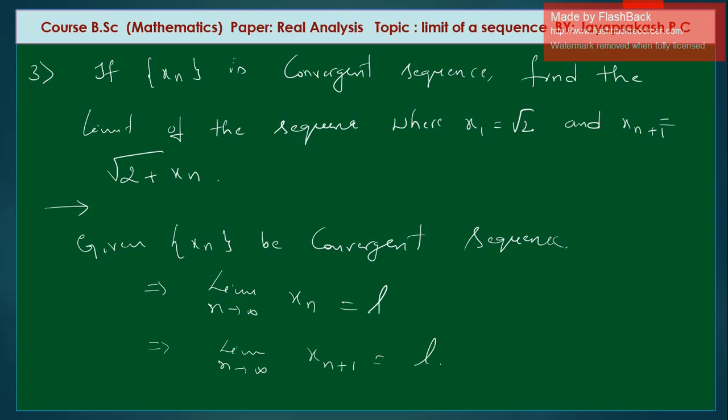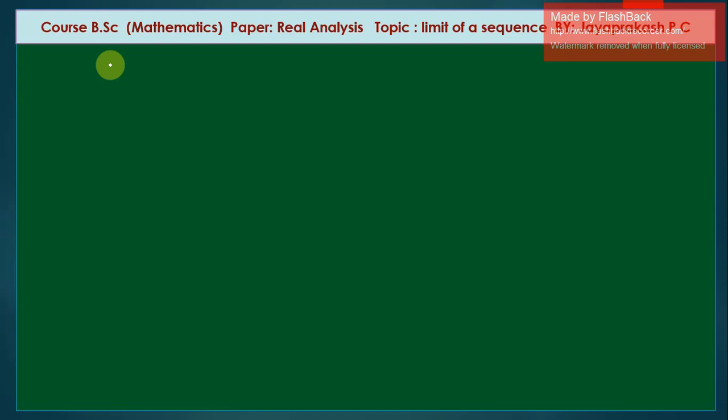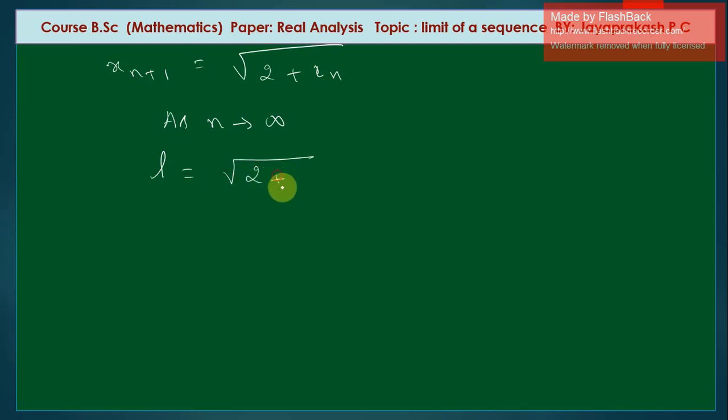So by the problem they have given, xn plus 1 is equal to root of 2 plus xn. As n tends to infinity, since the sequence converges, xn plus 1 converges to L, so L is root of 2 plus L. So squaring both sides, L square is 2 plus L.